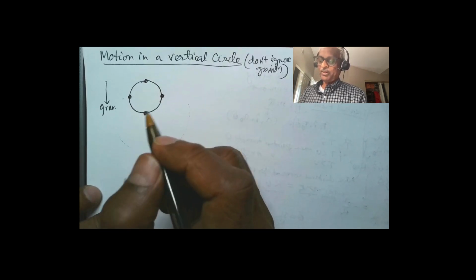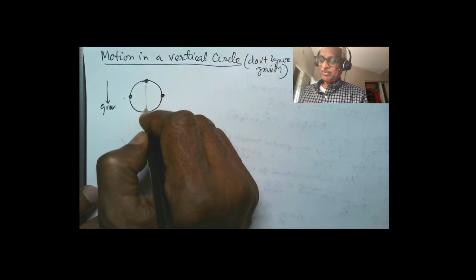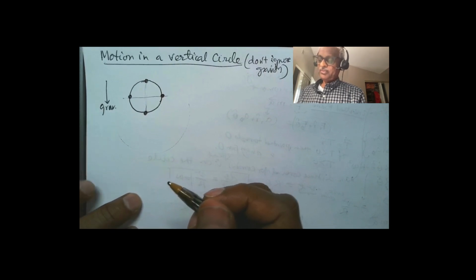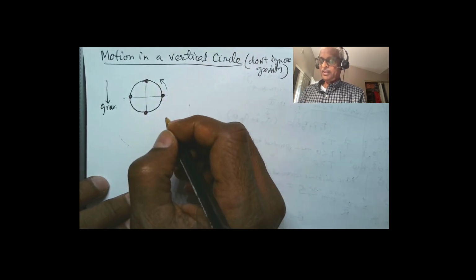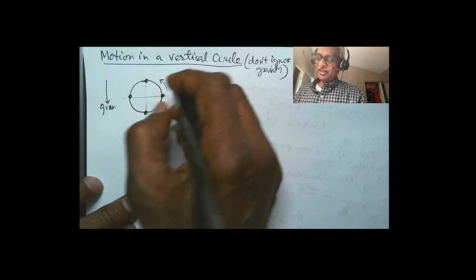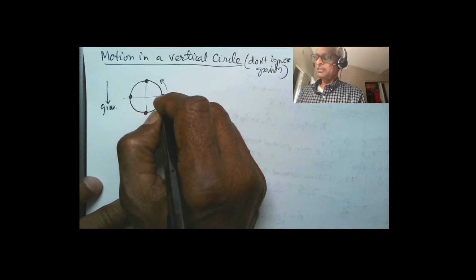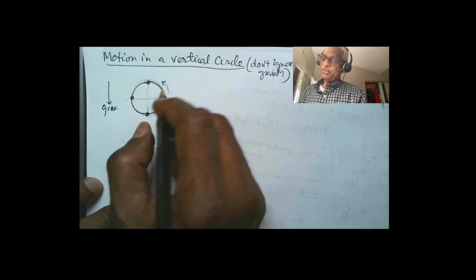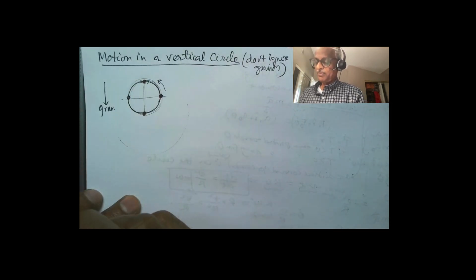So these are the four points people want to ask questions about. Suppose there's a toy car going on a vertical track, and you might ask what speed it has to have so it actually makes it over there, making a full circle.